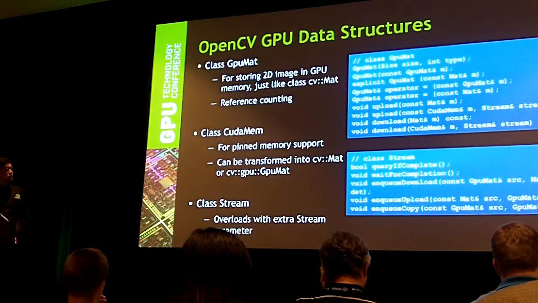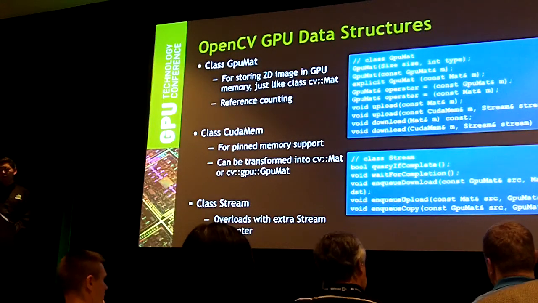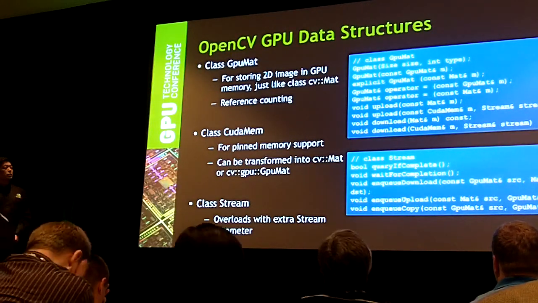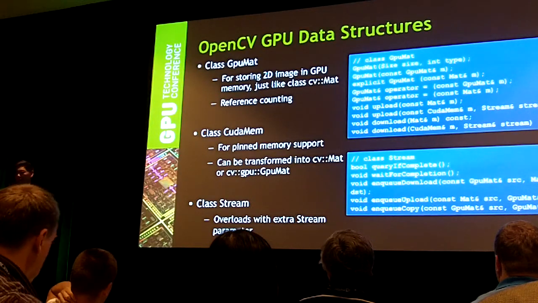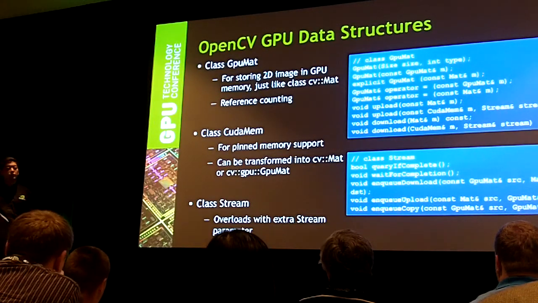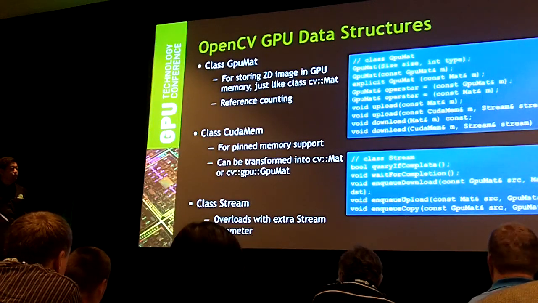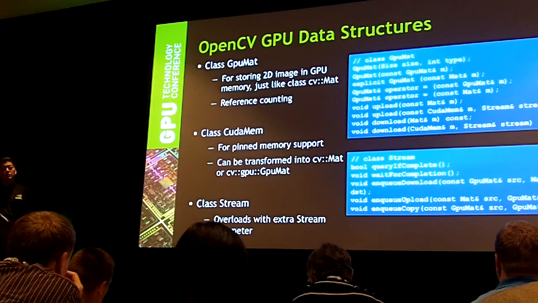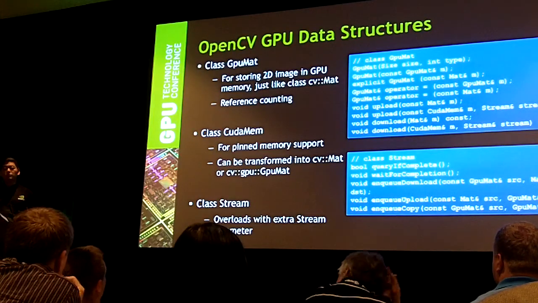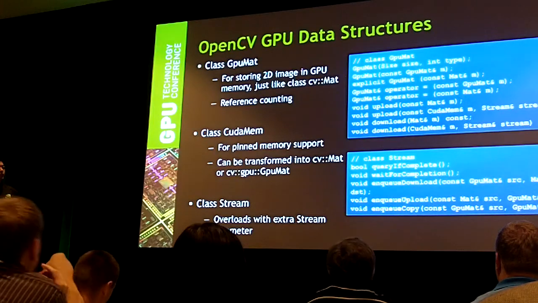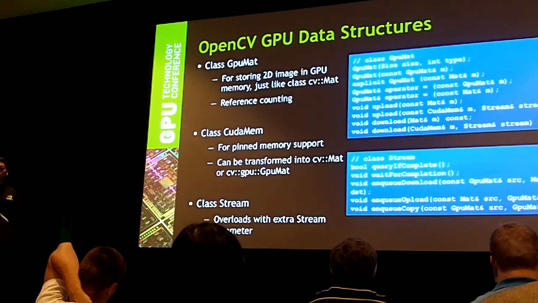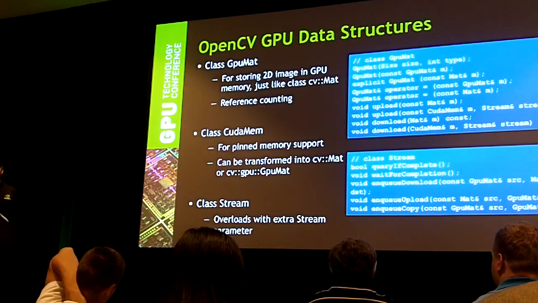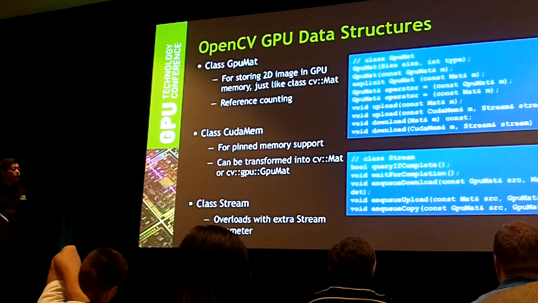We also have specific data structures to define whether these objects are in CUDA memory and whether they support pinned memory. Pinned memory is fast system memory that is available for transferring data to and from the GPU. We use pinned system memory because we don't always want the CPU involved in memory copies. By providing this API with a pinned memory surface, you allow the GPU to kick off DMA transfers without any CPU intervention needed.